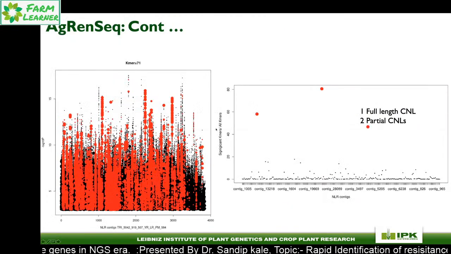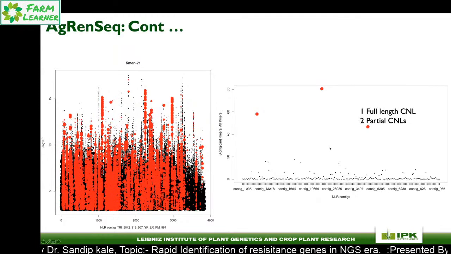We did this resistance gene enrichment sequencing for one of the diseases in our panel. Here you can see a very saturated graph, but on the right side, you can see there were 3 contigs from which a large number of k-mers were significant.